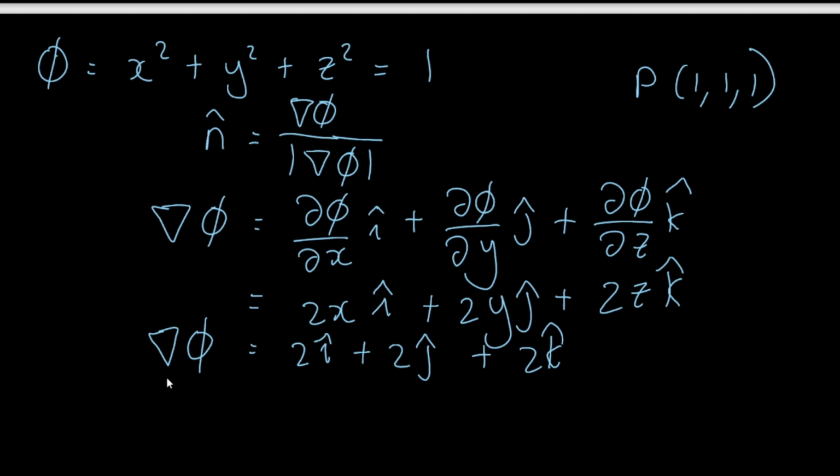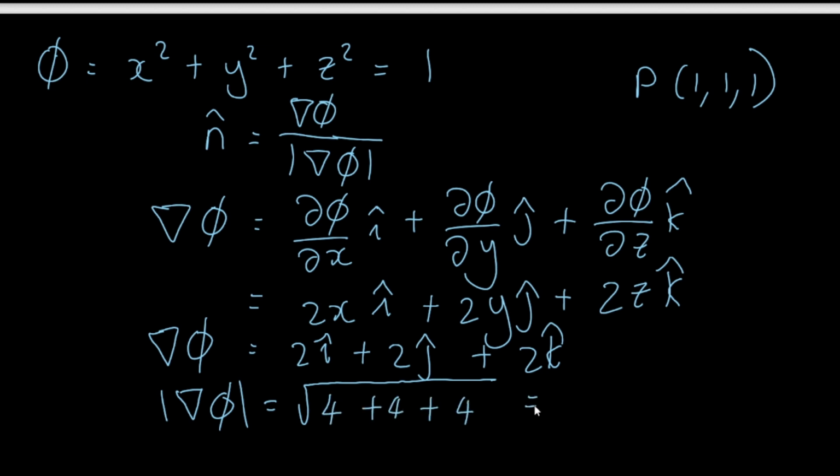Now we divide this by the magnitude. The magnitude of this gradient vector is simply the square root of 2 squared plus 2 squared plus 2 squared, which is 4 plus 4 plus 4, which is equal to the root of 12, which is 2 root 3.